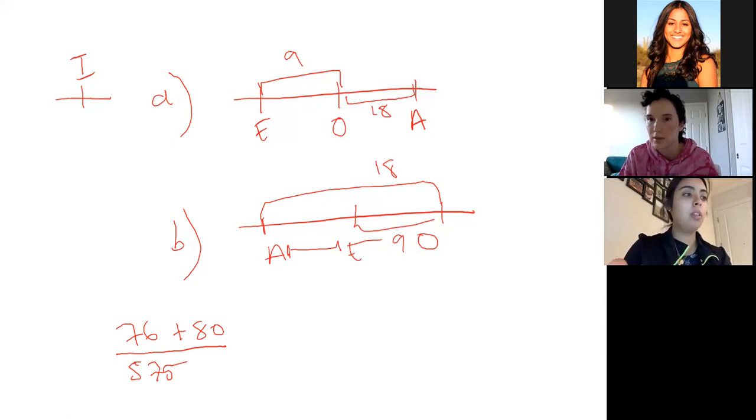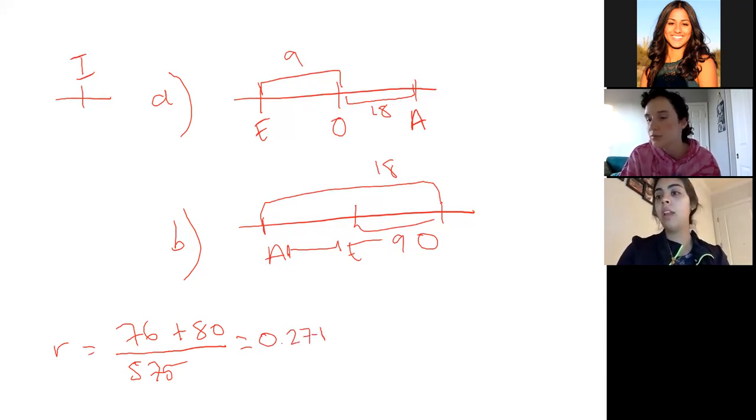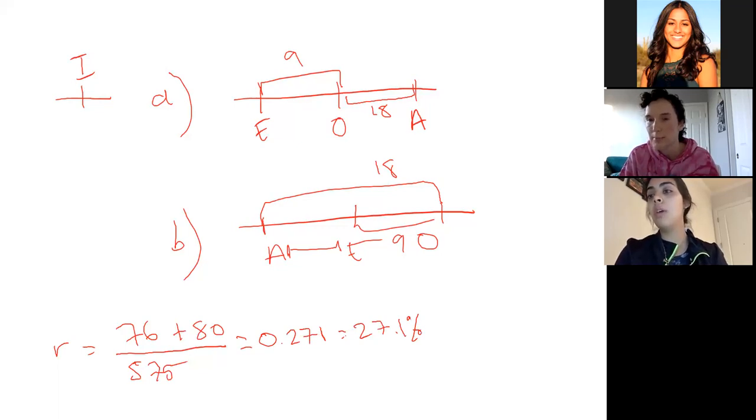So remember, we did these calculations before, right? So this is equal to 0.271. If we multiply it times 100, it would be 27.1% recombination, okay?